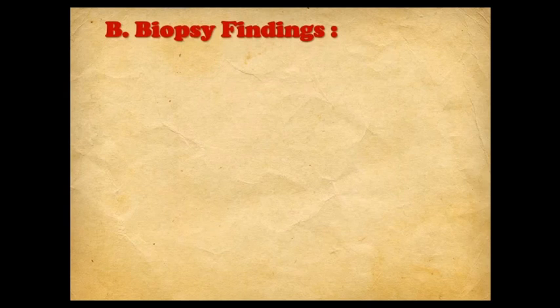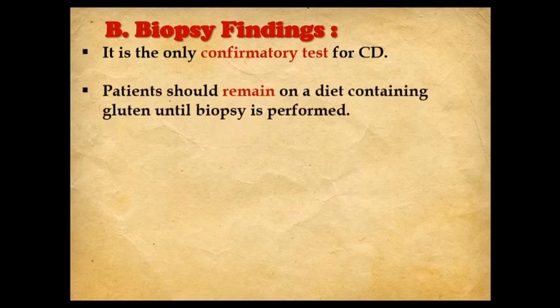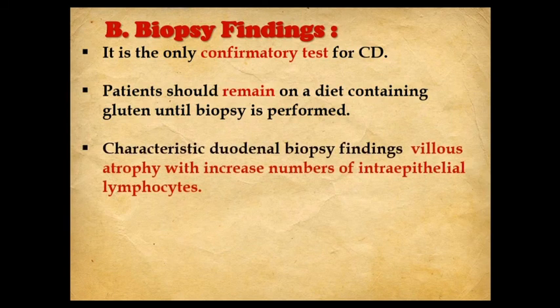So doing a jejunal biopsy is the only confirmatory test for celiac disease, and the patient before doing this should remain on a diet containing gluten until the biopsy is performed to see the effect of gluten on the villi. And the finding characteristically taken from duodenal biopsy is villus atrophy with an increased number of intraepithelial lymphocytes.